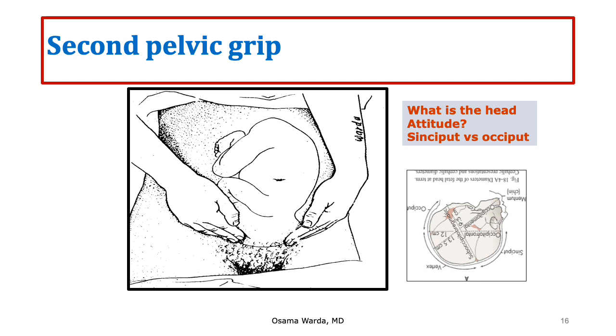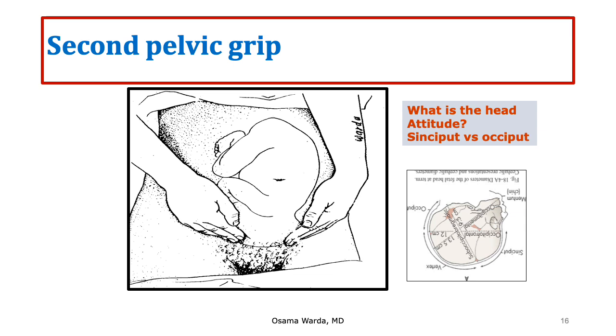If the bony prominence toward the fetal back, which is the occiput, is nearer to the pelvic inlet, then the fetal head is completely flexed, so it is vertex presentation.